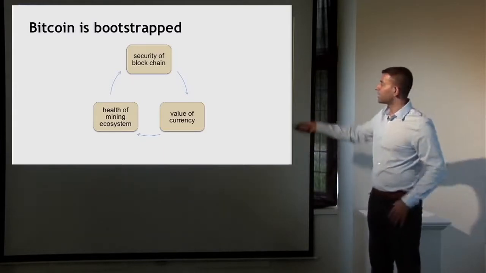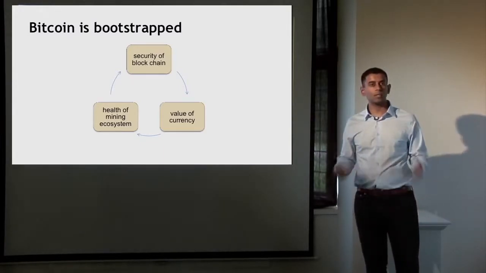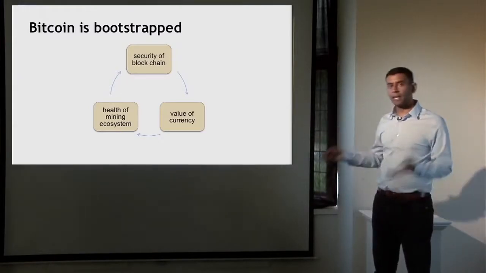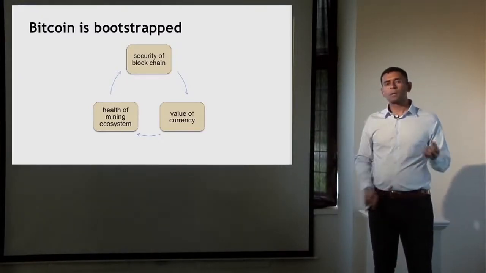So you have this interlocking interdependence between these three things. Right? So the existence of each of these is predicated on the existence of another.